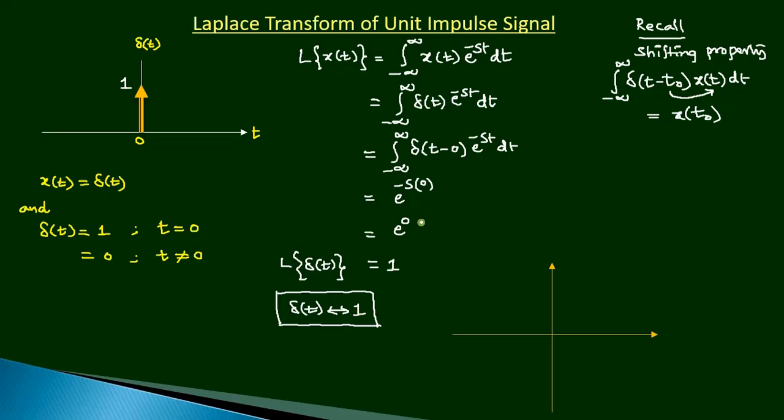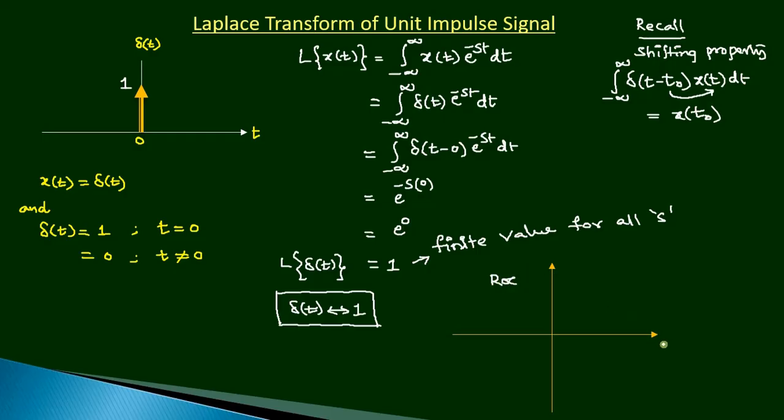Now we write the ROC for the impulse function. Here the Laplace transform of the impulse signal is unity, so it is a finite value for all s. Therefore, the ROC exists on the entire s plane. Now we'll draw the ROC.